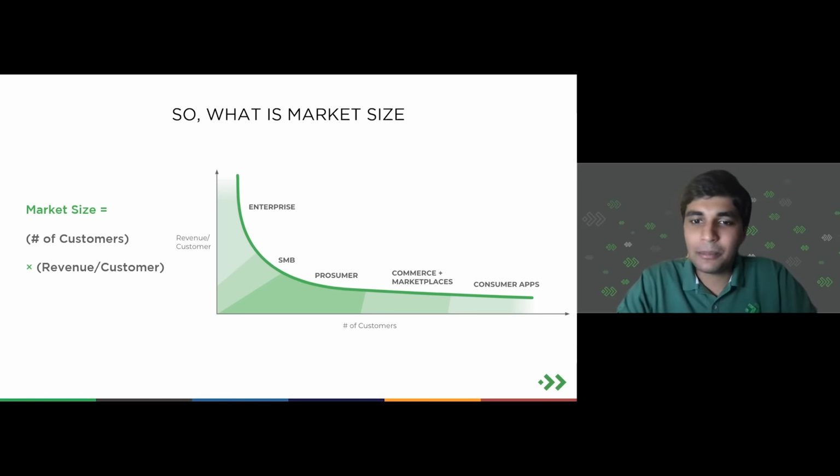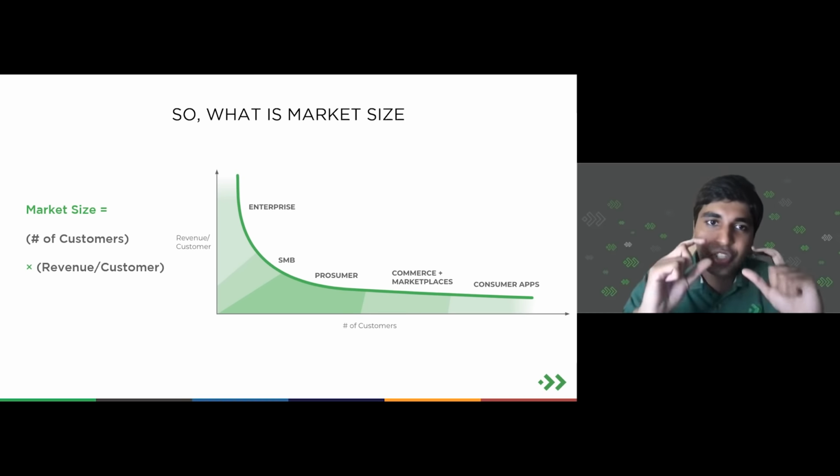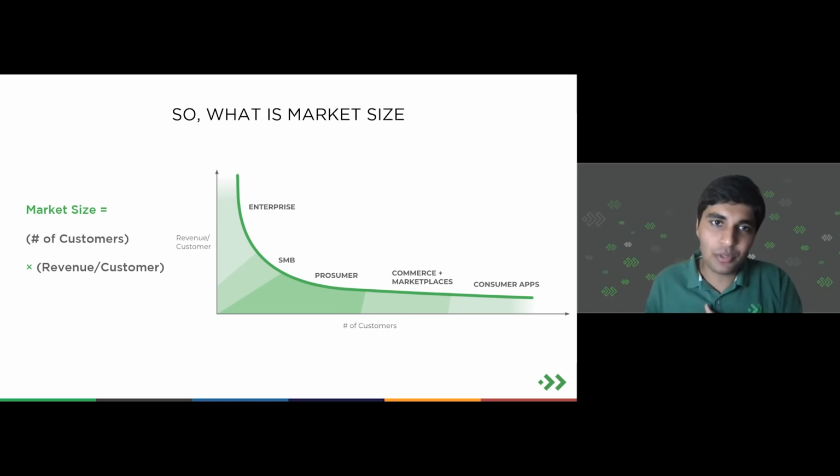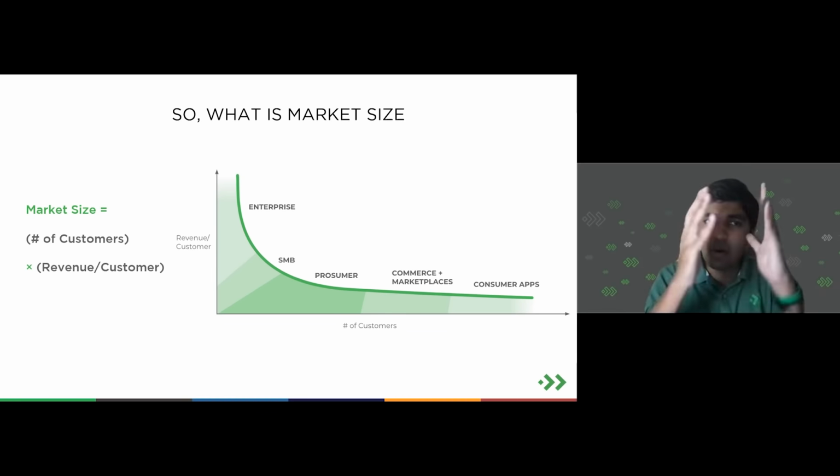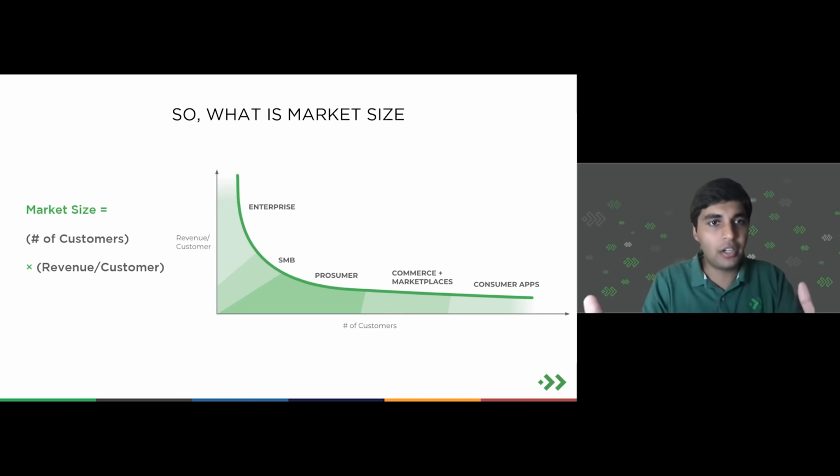Pick another example, I don't know, Peloton, for example. Commerce and marketplaces, you could pick a Flipkart. The average ticket sizes are smaller, but the number of customers is larger. Consumer apps, pick a company like Facebook, Snap or any other. Somewhere or the other, all the businesses would lie on this market curve, I'd say.